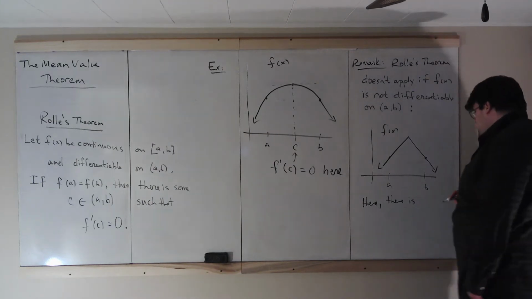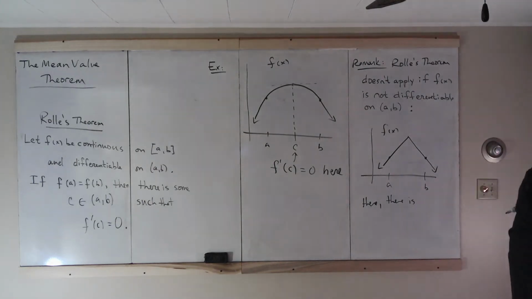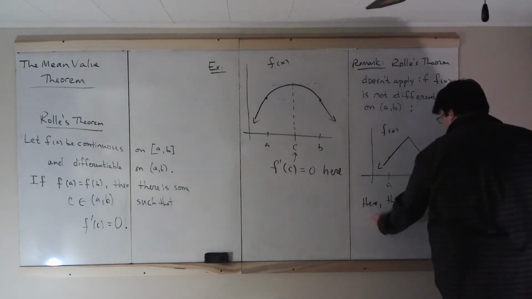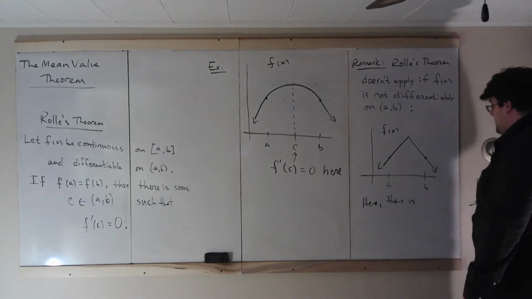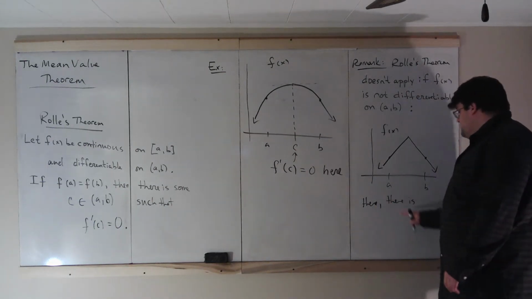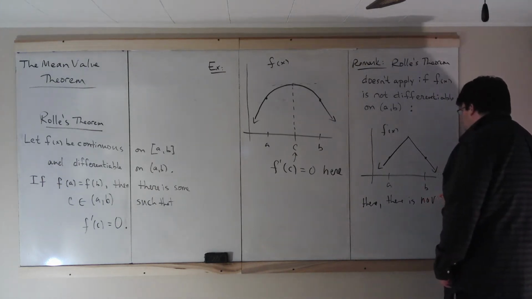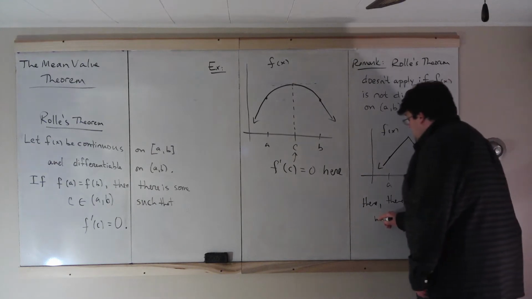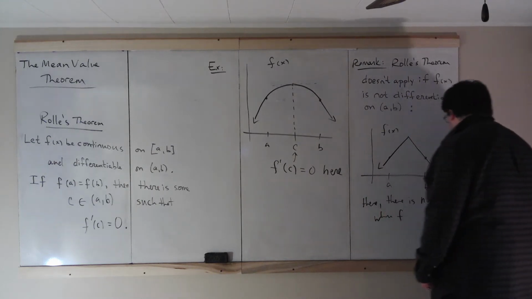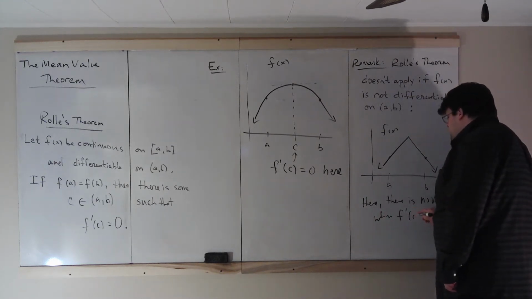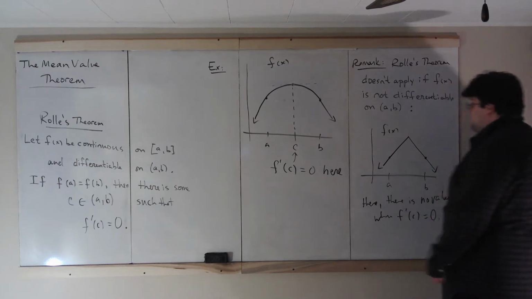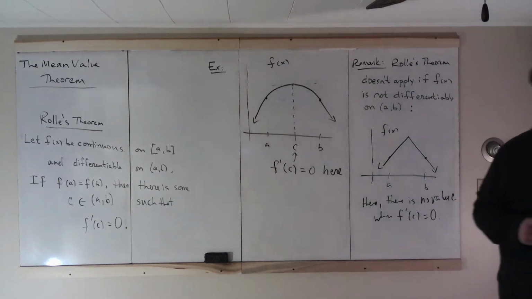So this here and this there look remarkably similar. So here, there's no value c where f prime at c equals 0. There's no horizontal tangents.